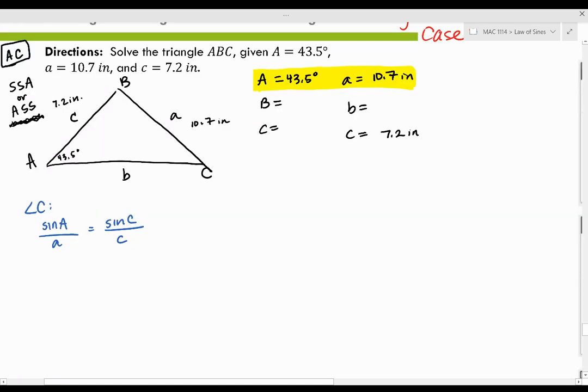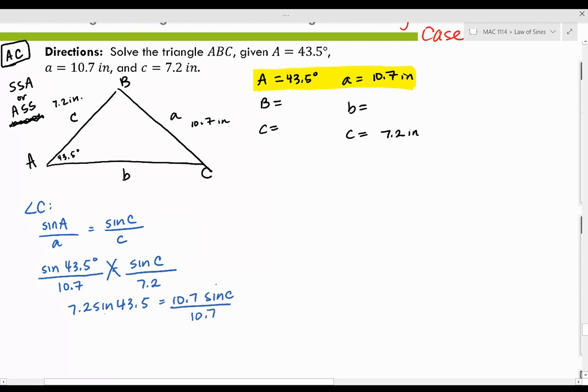I'm going to plug in what I have: sine of 43.5 over 10.7 equals sine of C over 7.2. I'm going to cross multiply, and then I need sine C by itself, so I'm going to divide by 10.7.